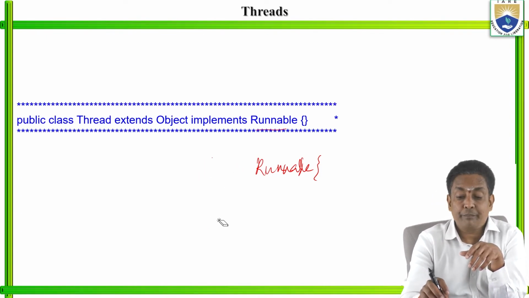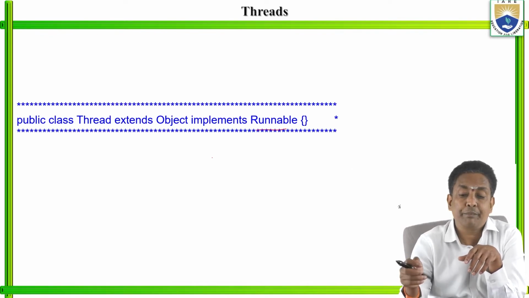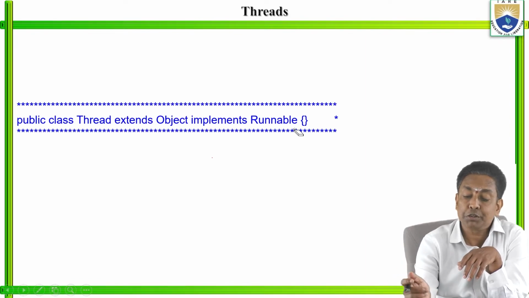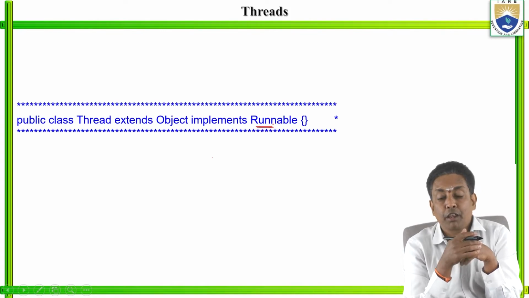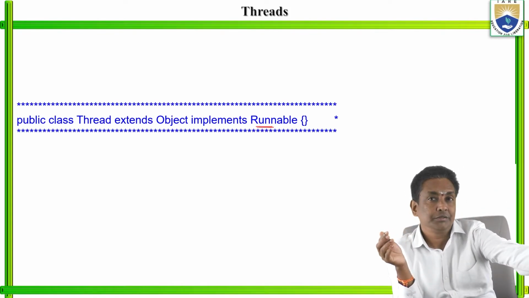You may be surprised how extending from the Thread class can be substituted by implementing the Runnable interface. One way we implemented a thread was by extending from Thread and overriding the run method.